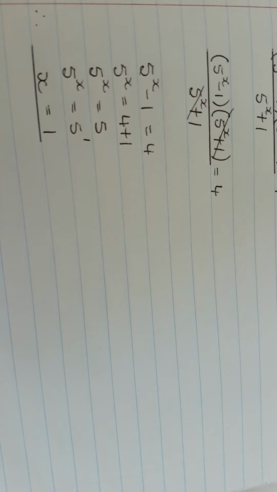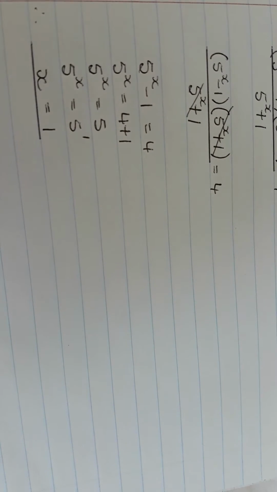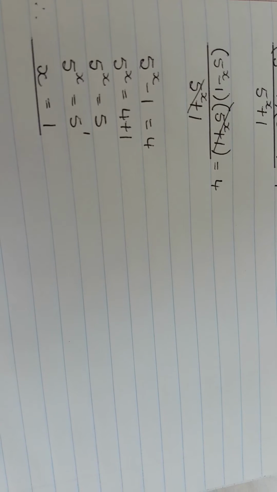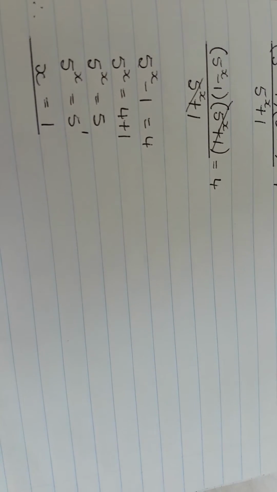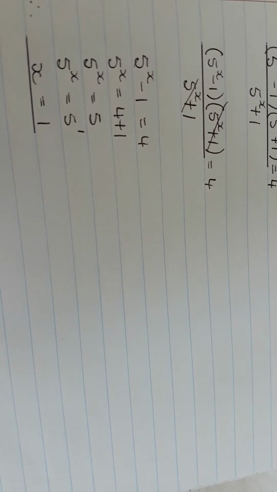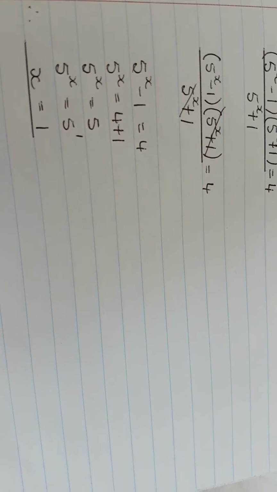If we had a 1 there, let's say we had 5 to the power of x is equal to 1, we could have changed it to 5 to the power of x is equal to 5 to the power of 0, so that we make sure that our bases are the same, and we could have then said x is equal to 0.